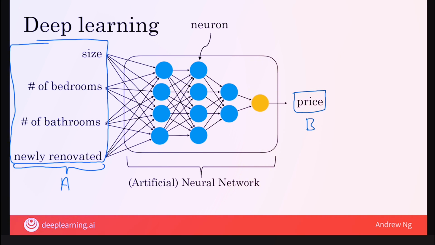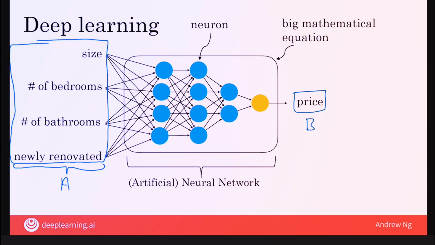And when we draw a picture of an artificial neural network, there's a very loose analogy to the brain. And these little circles are called artificial neurons, or just neurons for short, that also pass messages to each other. And this big artificial neural network is just a big mathematical equation that tells it, given the inputs A, how do you compute the price B?